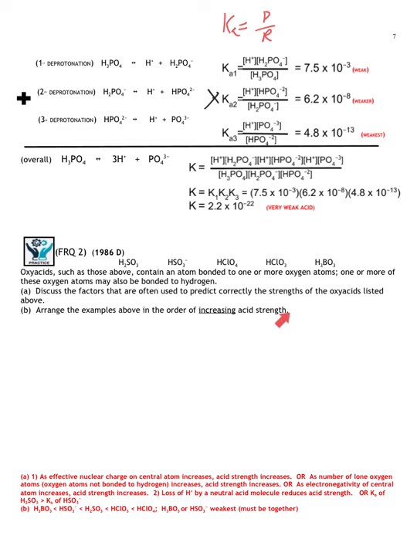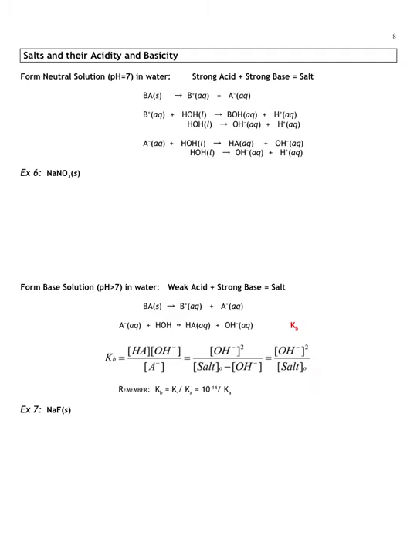What I'd like you to do is work through FRQ number 2 with those concepts and calculations in mind. If you have to do calculations, I'm sure it's just conceptual because there are no numerical values, quantitative values here. So I want to know, if I add a salt to water, whether that salt will create an acidic solution or a basic solution.